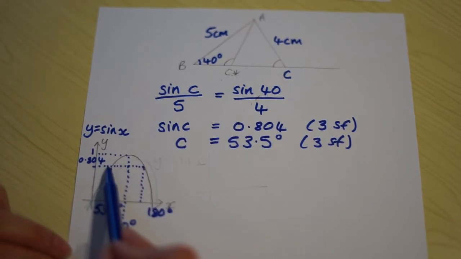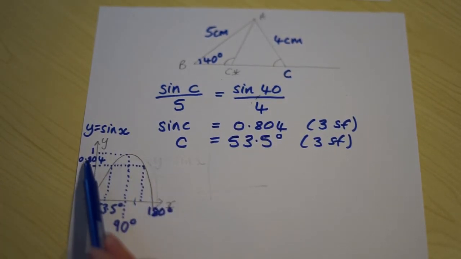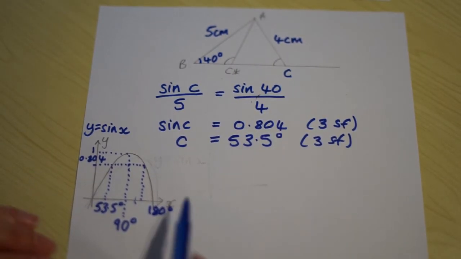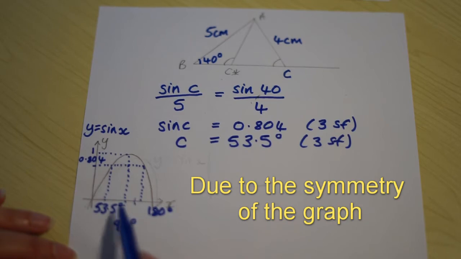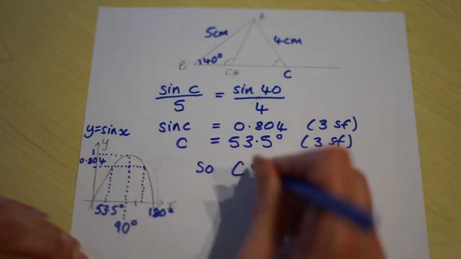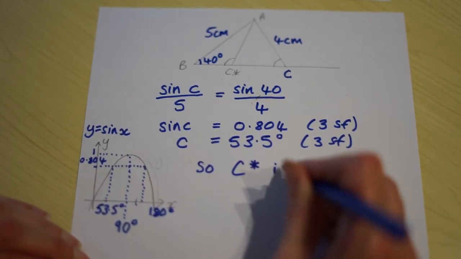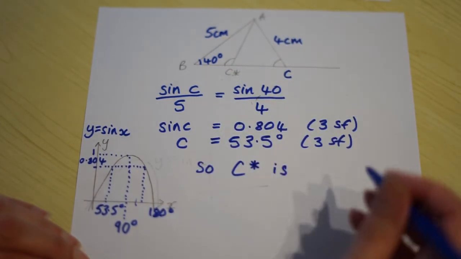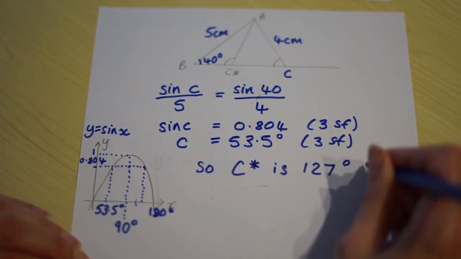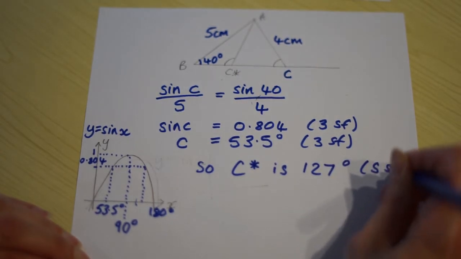So to calculate the other angle that also leads to a value of 0.804, we have to do 180 minus 53.5. So C star, that obtuse angle just there, is 127 degrees to 3 significant figures.